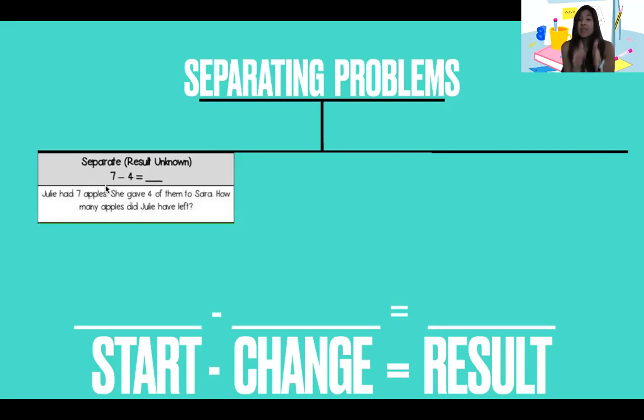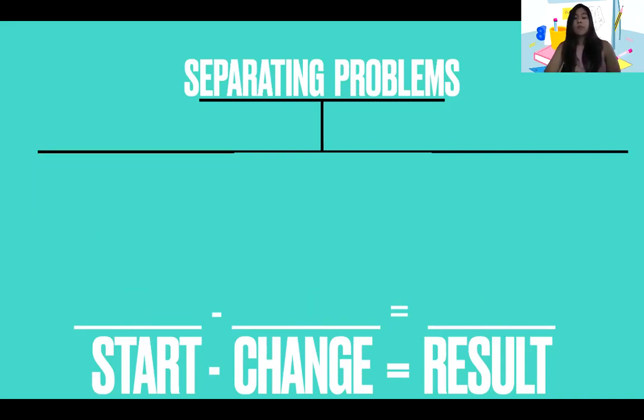That's the part that we have to solve. So in this case, the start was 7. The amount it changed by was 4, because that is the amount she gave away. What we have to find is the result, and the result is unknown until we, the mathematicians, solve it.